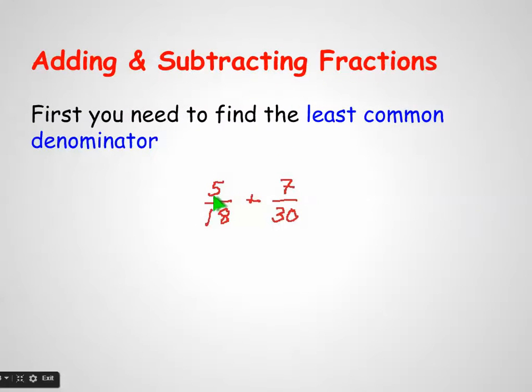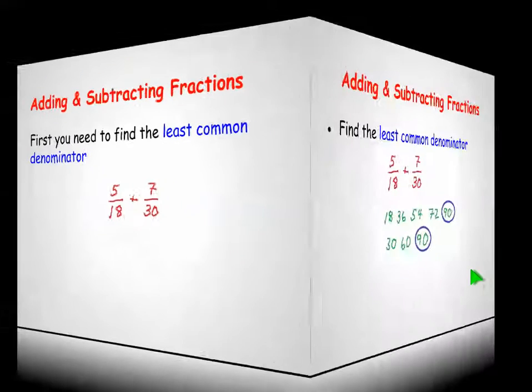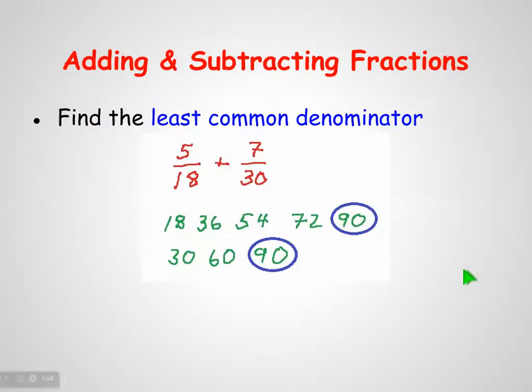Here's our example, 5/18 plus 7/30. First, we need to find the common denominator. Here I did it the same way I did in the previous example. I wrote down the multiples of 18. 18 times 2 is 36. 18 times 3 is 54.